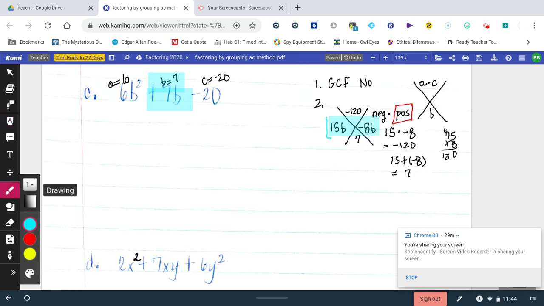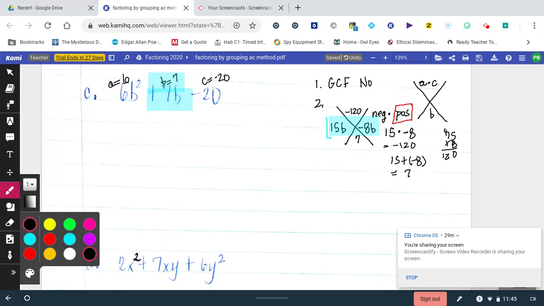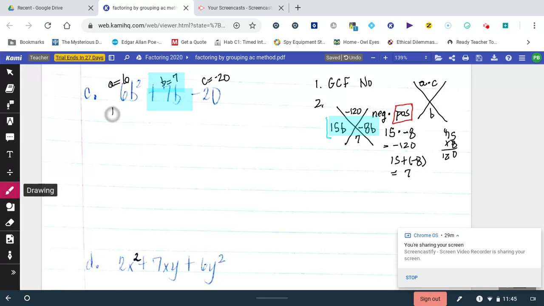All right, now we're going to keep this, rewrite this, keep this. So we have 6b squared plus 15b minus 8b minus 20. All right, and then I'm going to factor by grouping.